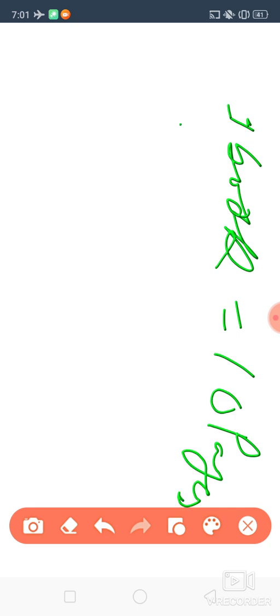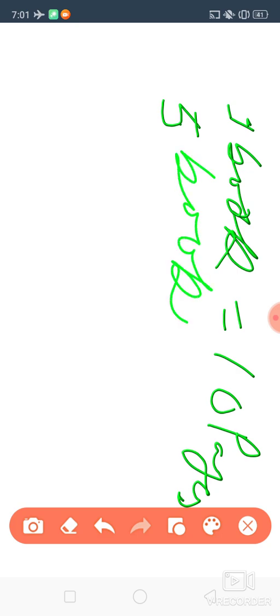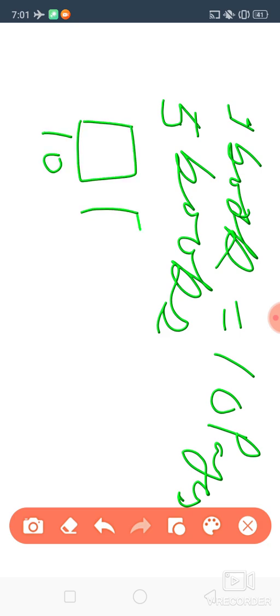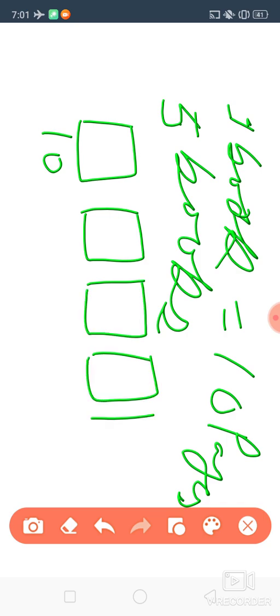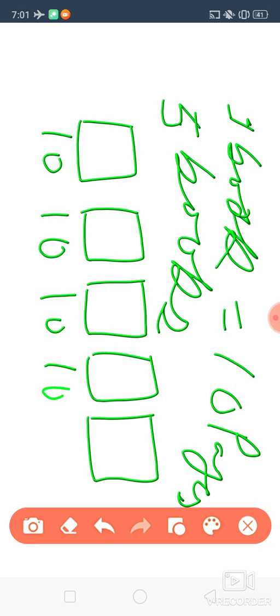Now such kind of 5 books will be there. Then total how many pages will be there? In one book 10 pages, again 10 pages, again 10, again 10, and again 10 pages. So in 5 books how many pages will be there?